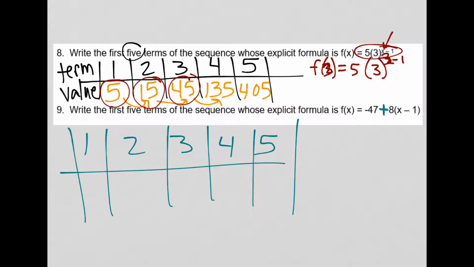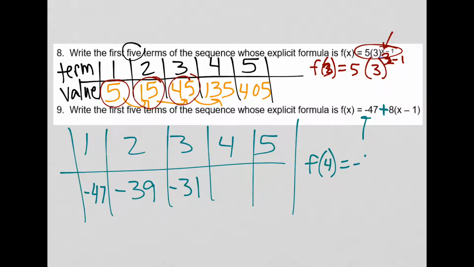In an arithmetic sequence, negative 47, that is my first term right there. That's where it lives. And my pattern is to add 8 every time. So negative 47 plus 8 is negative 39, and negative 39 plus 8 is negative 31. Let's just for kicks and giggles, see if we can use it as a tool and find our fourth term.